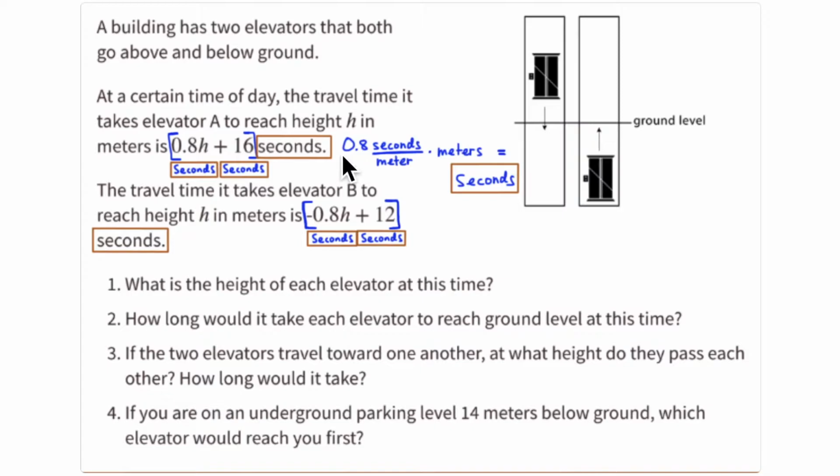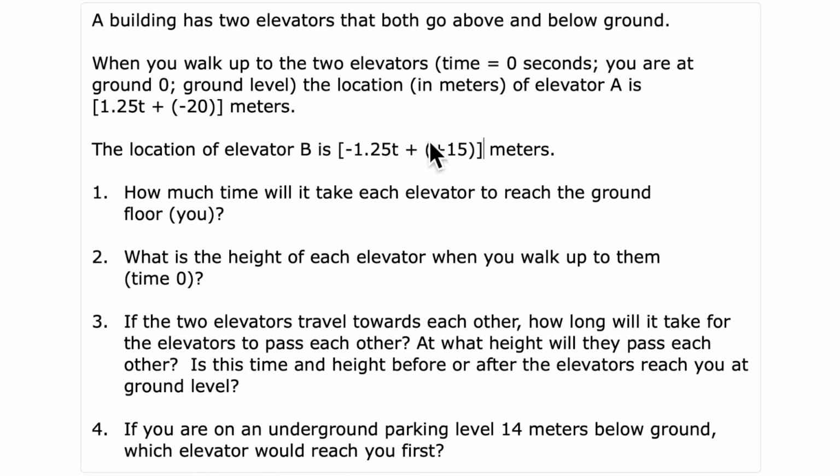So the language that we use is both of these equations. If this is time equals this amount for elevator A, and this is time equals this amount for elevator B, they are written in terms of height. So you would graph the height on the x-axis or horizontal axis, whereas I rewrote each equation in terms of time.